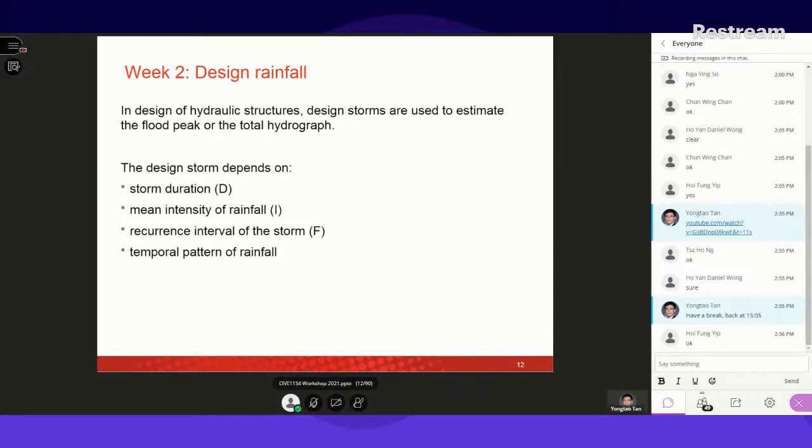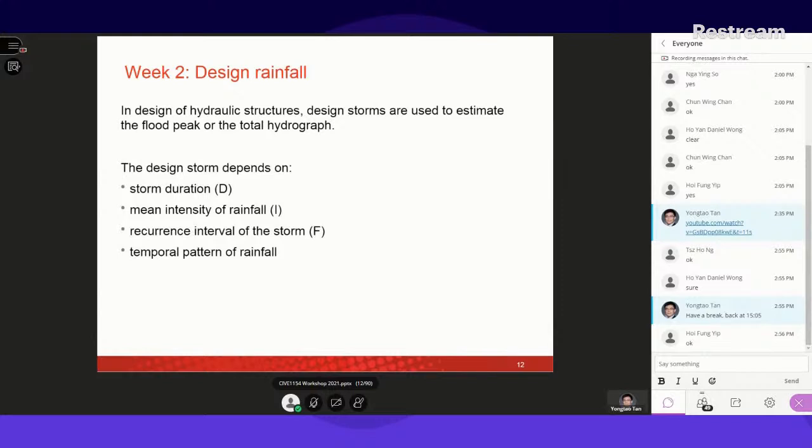Okay, I move to the next slides now. This slide is showing the factors affecting the design storm. There are following factors the design storm depends on.